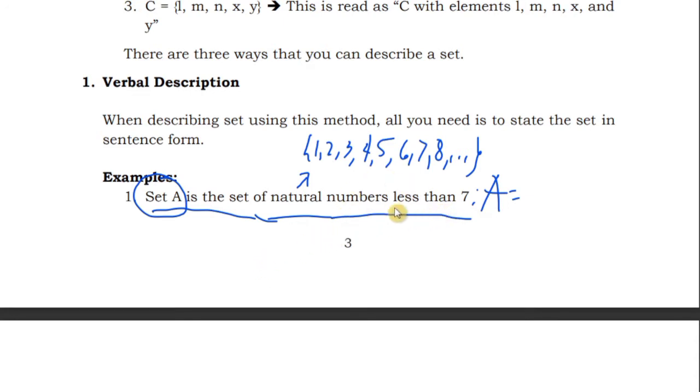So what are those numbers less than 7? 1, 2, 3, 4, 5, 6. So therefore, set A is the set of natural numbers less than 7. So we have 1, 2, 3, 4, 5, 6.